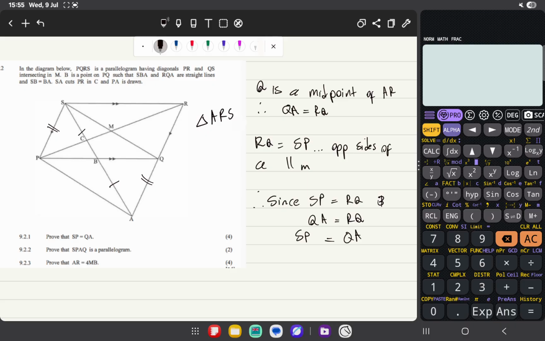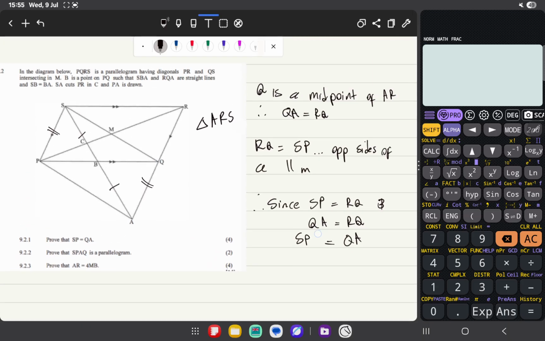And then here we are proving that SPAQ is a parallelogram, right? We are proving that it is a parallelogram. See, SPAQ. Let me remove this.